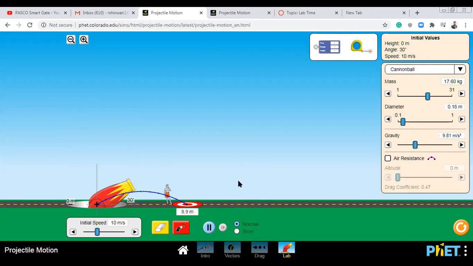Here we have 8.9. So then you can find the percentage difference. You can also use this measuring tape to find the length, the value.